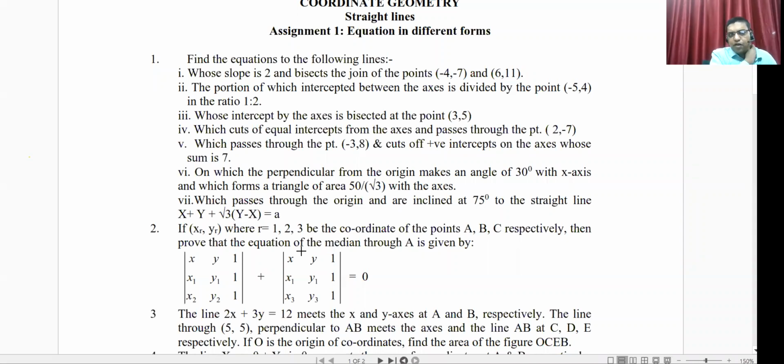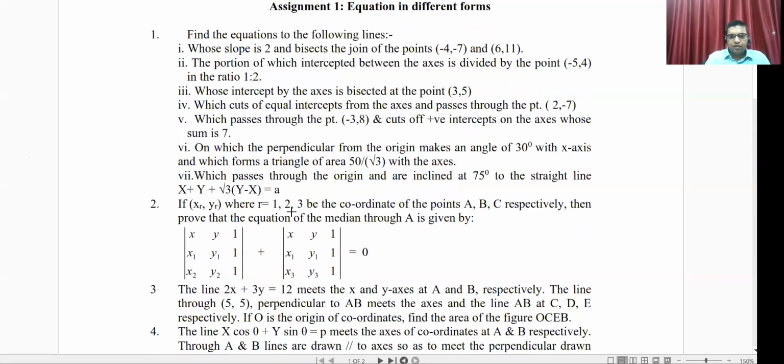This problem will require a little bit of trigonometry, multiple and submultiple angles. Of course, it's not very difficult. After you do submultiple angles of trigonometry, you will know. Slope you will get as minus of root 3 plus 1 by root 3 minus 1.